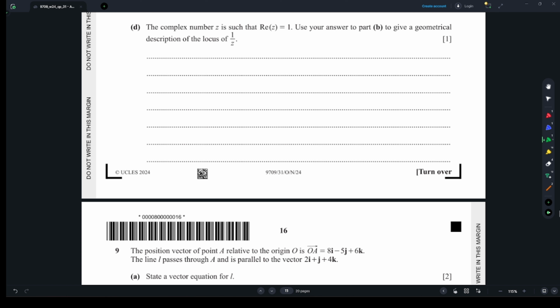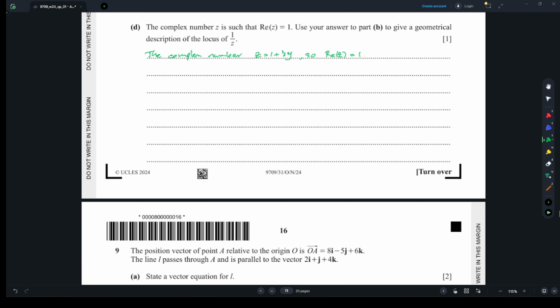Okay, so now the first part they say that real z equals to 1. So I can write the complex number z equal 1 plus yi, which they gave us. So real z equals to 1, right?